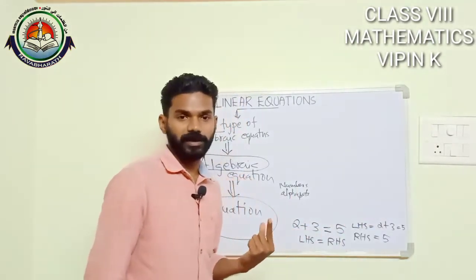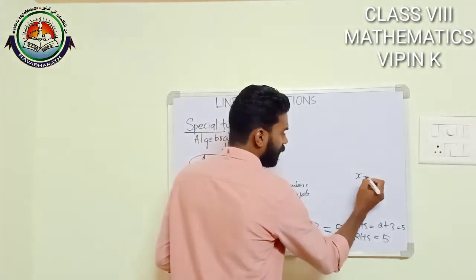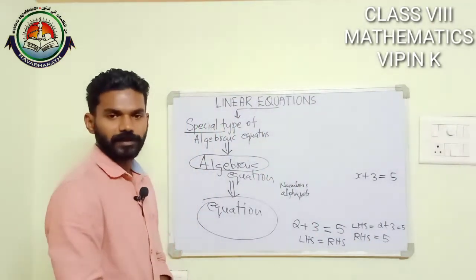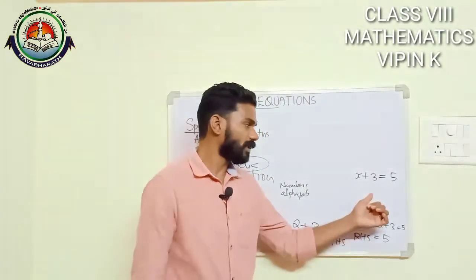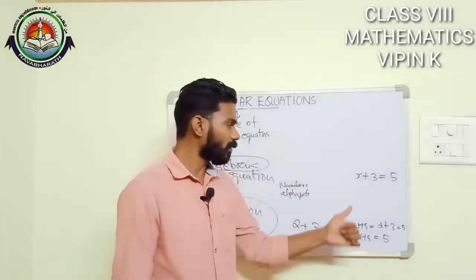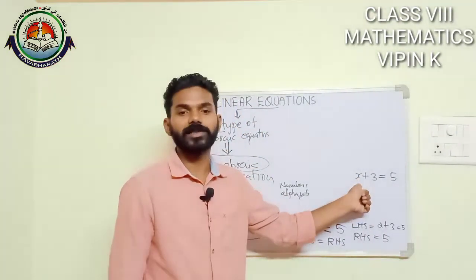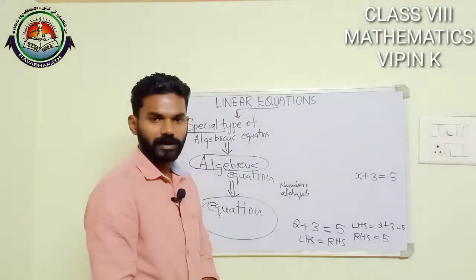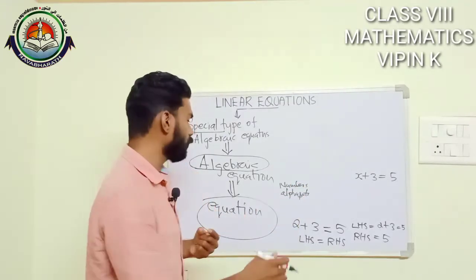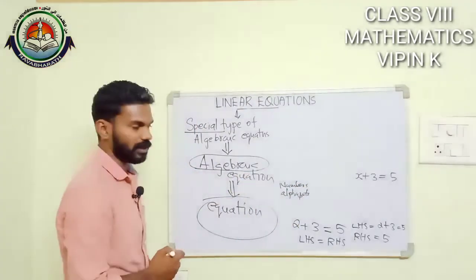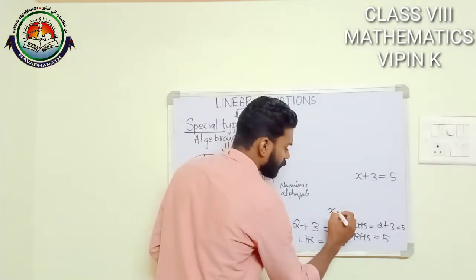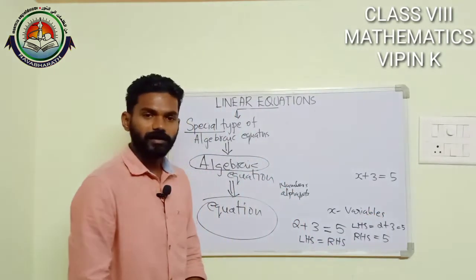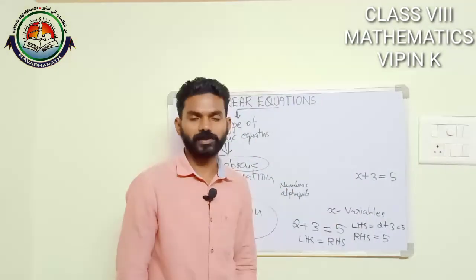Here I am taking an example: x plus 3 equals 5. This is an algebraic equation, and here you can see the numbers 3 and 5, and also an alphabet, x. The alphabets used in an algebraic equation are called variables. Here the variable is x.